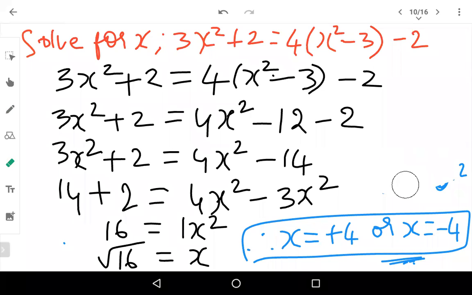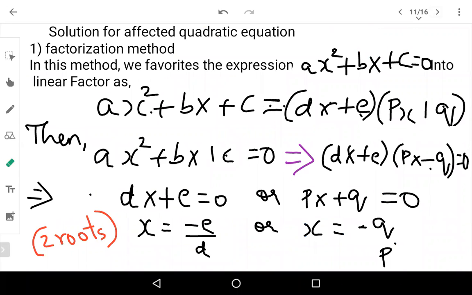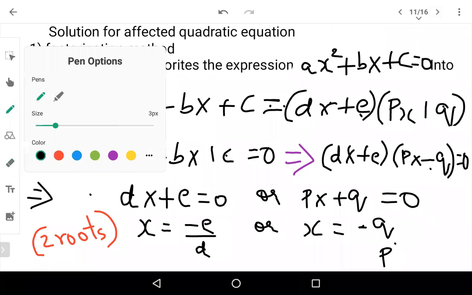Now, let us learn the affected quadratic equation. In an affected quadratic equation, we have to understand how to solve the problems, because again we will be getting two answers here, as it will have two roots.